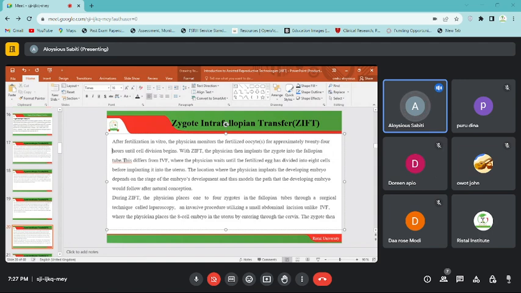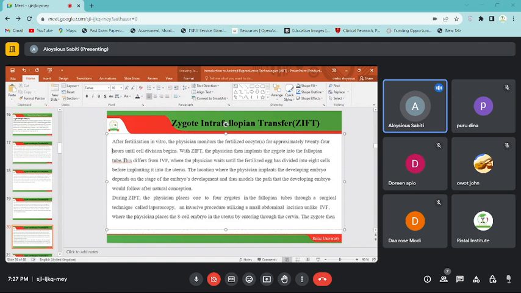So it is up to the physician to understand what type of growth this embryo has undergone, or what period it has reached. If cell division has started and the 8 cells have appeared, then it is upon the physician to clearly determine the particular path through which the embryo will flow following conception, and to implant that embryo at that time. So that is during the IVF.